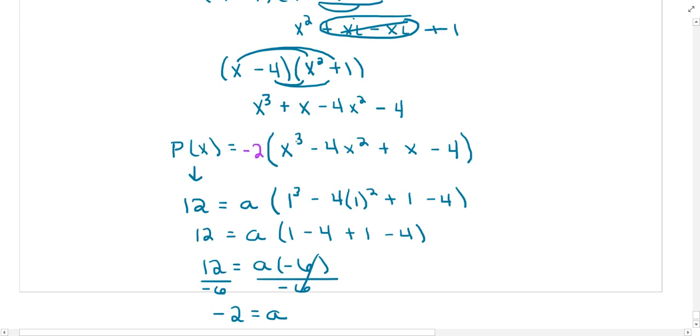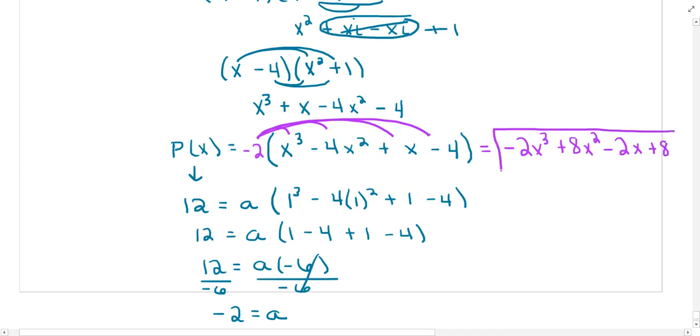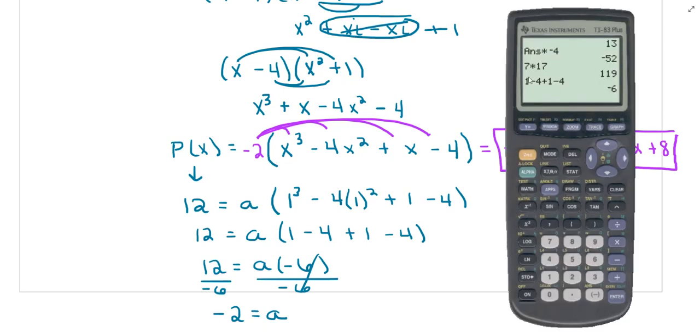Okay, then you're going to distribute this. So your polynomial function is going to be -2x cubed plus 8x squared minus 2x, and then plus 8. And then checking that, we should be able to see the 4 and not the i's.